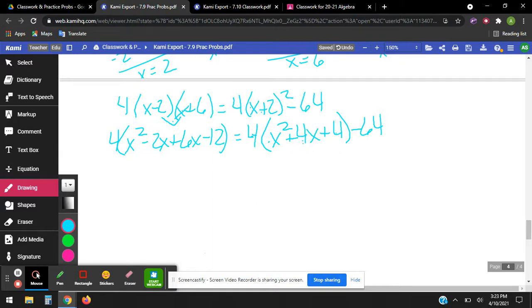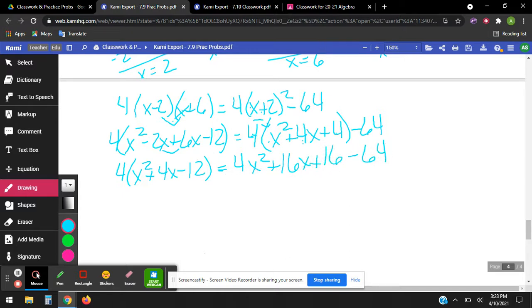Okay, so now let's simplify. 4x squared plus 4x minus 12. This side I'm going to multiply out my 4. So 4x squared plus 16x plus 16 minus 64.